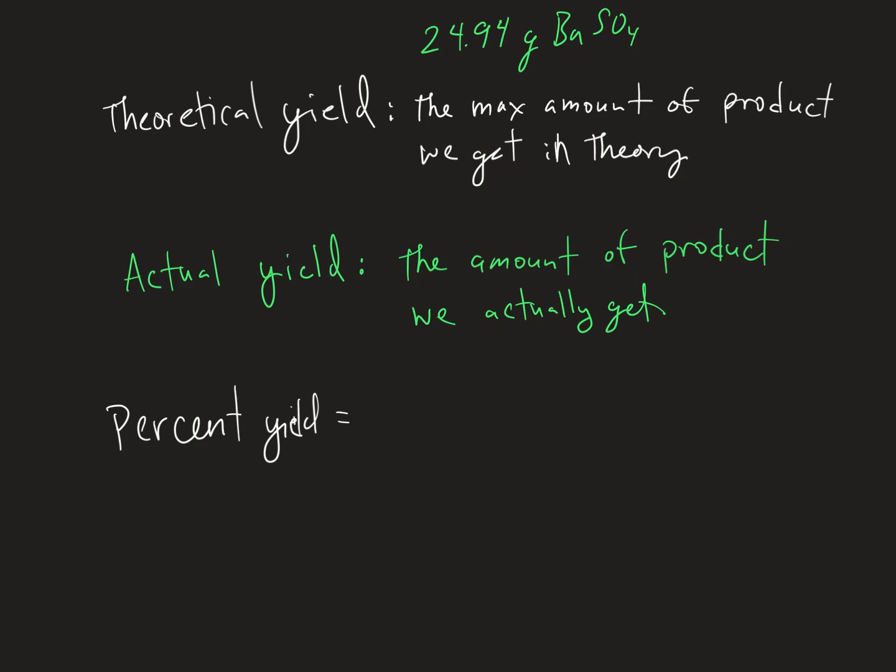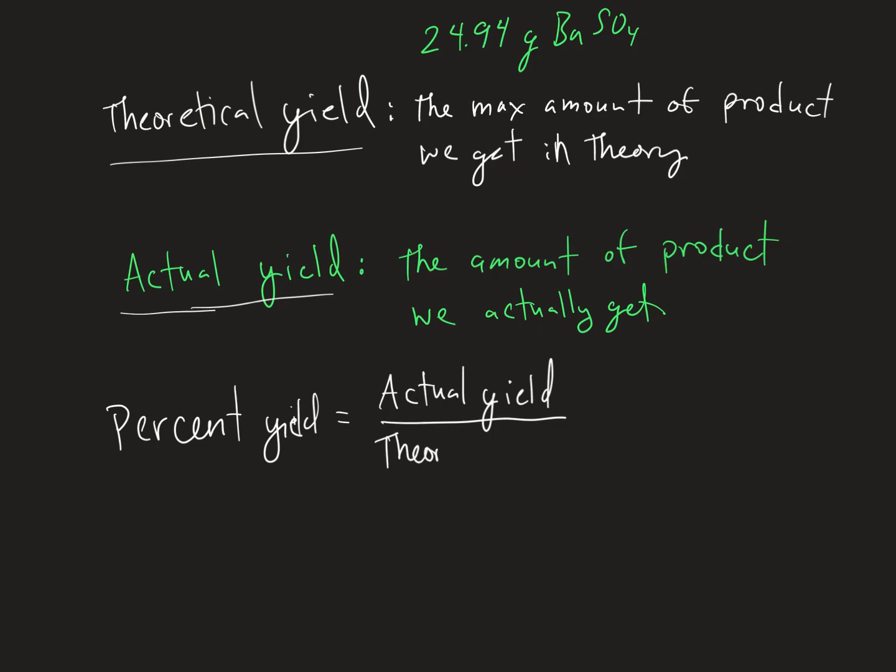Then to change that to a percentage, we multiply it by 100%. Now in chemistry, how much did we actually get? The actual yield. How much are we trying to get? The maximum, all of it: total theoretical yield. Then times that by 100%. And that's it.